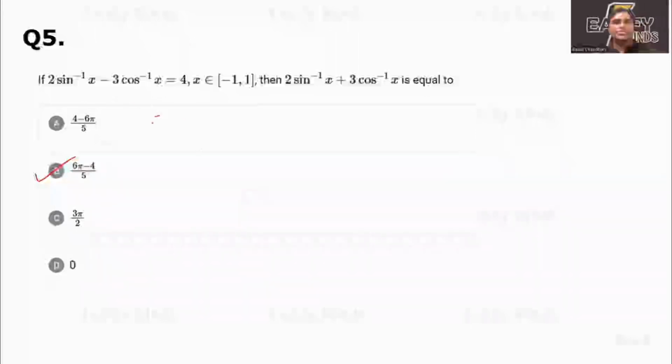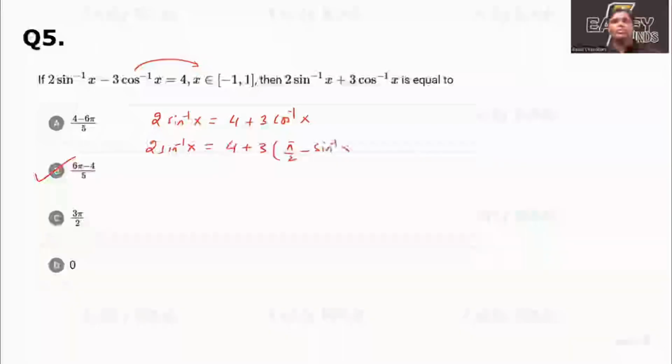Now how to solve? Pay attention. 2 sin inverse x is equal to 4 plus 3 cos inverse x. This 3 I will take on this side. So 2 sin inverse x is equal to 4 plus 3 cos inverse x, and cos inverse x I can write as pi by 2 minus sin inverse x. So 2 sin inverse x is equal to 4 plus 3 pi by 2 minus 3 sin inverse x.